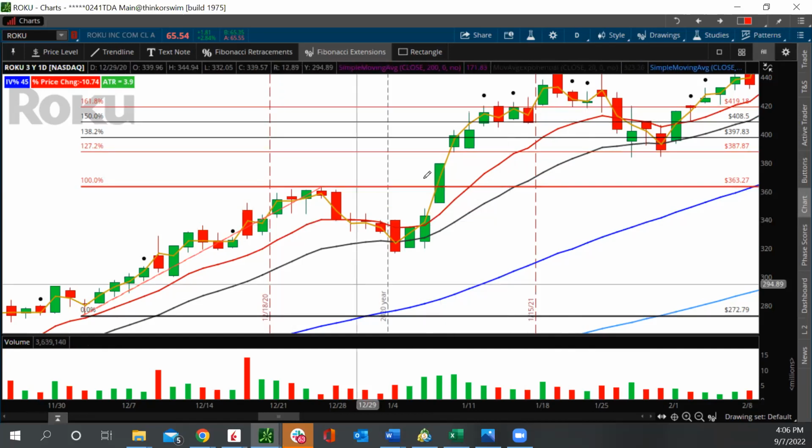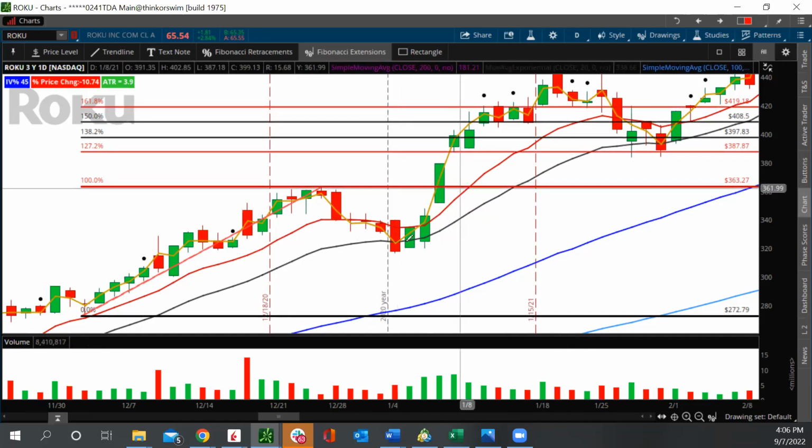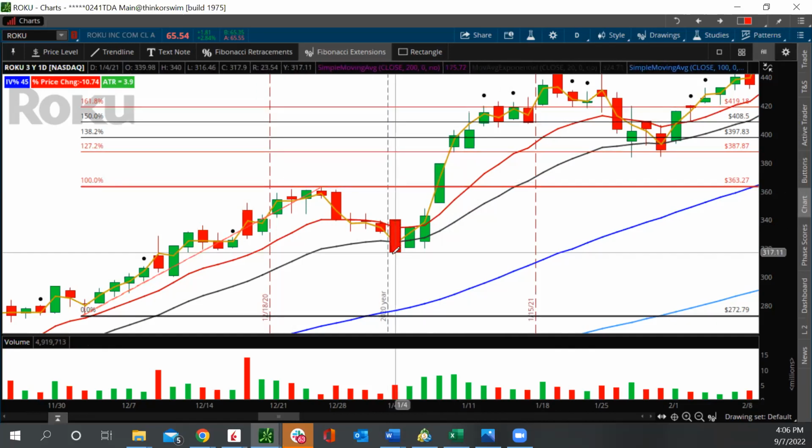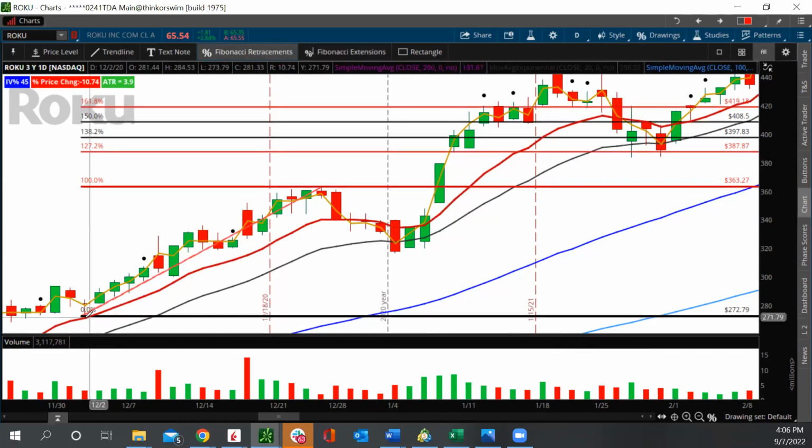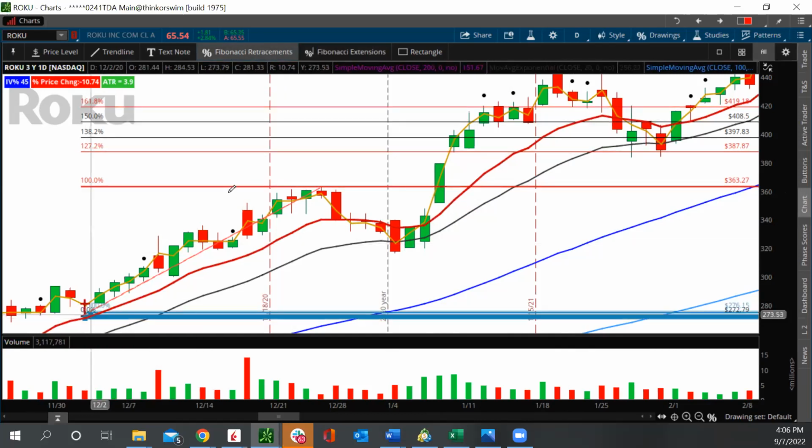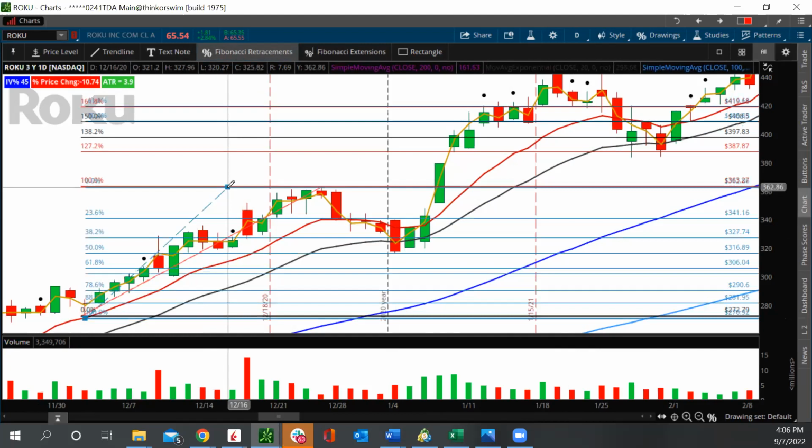Okay. So first level where you might want to take some profit would be the 100% retracement. Okay. So let's say if you got into here, right? And let me, for 1 second, put it on for a second, then we'll take it back off. Okay.